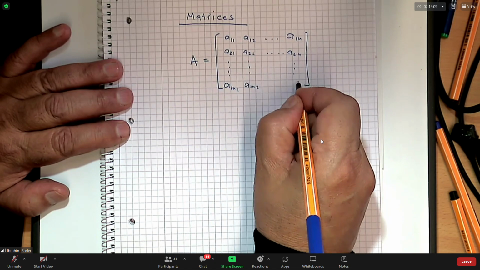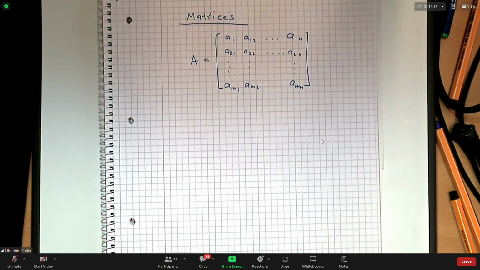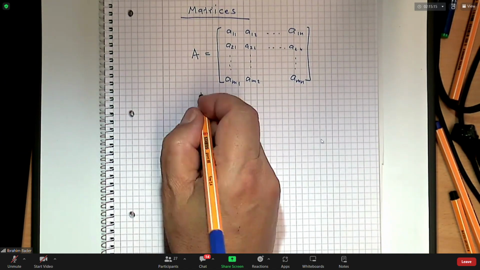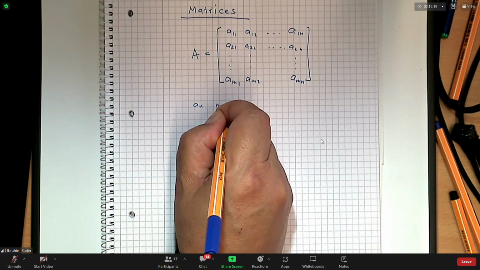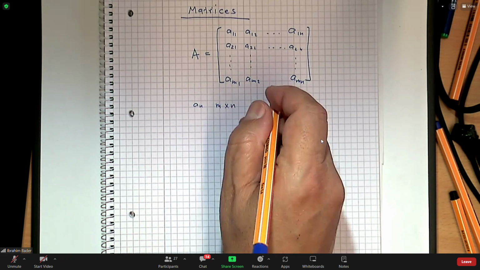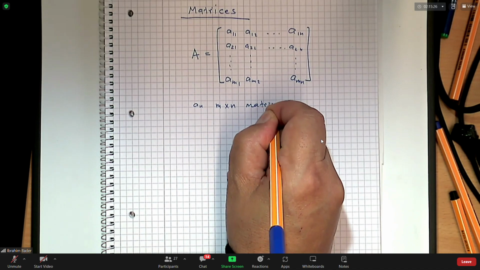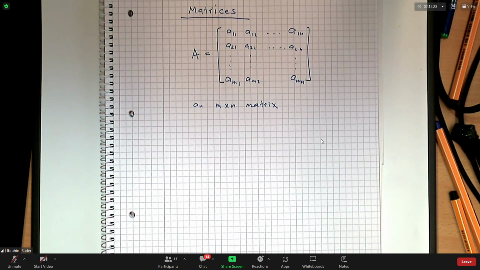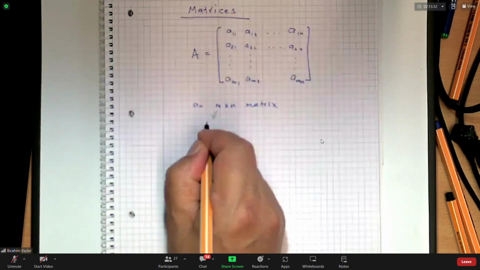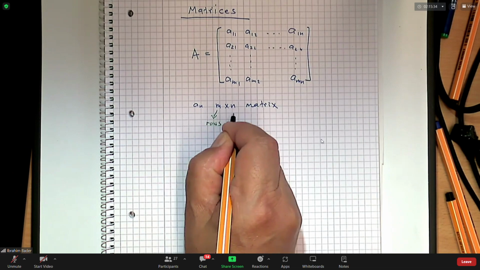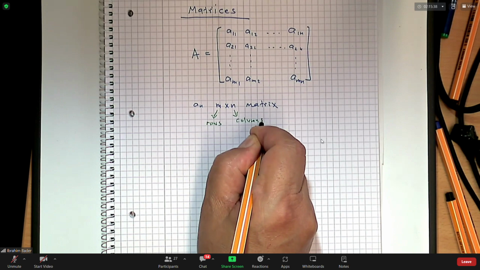And here ultimately you have AMN. This is called an M times N matrix. So it has M rows and N columns. By default, we start with rows.